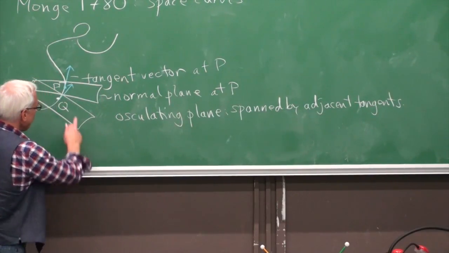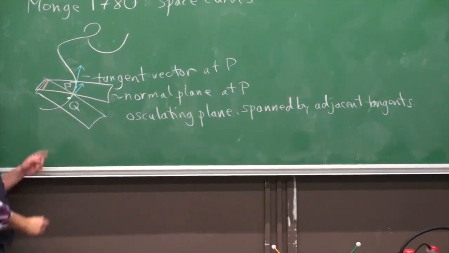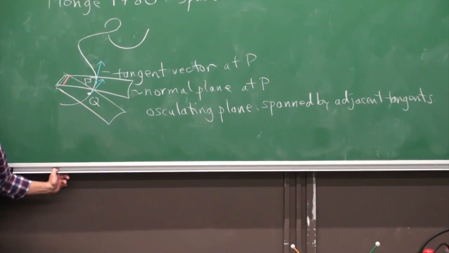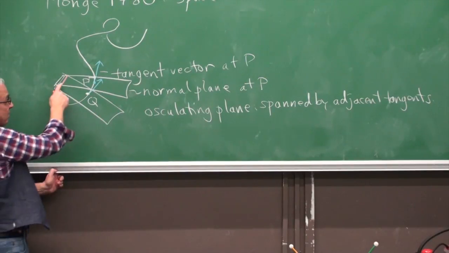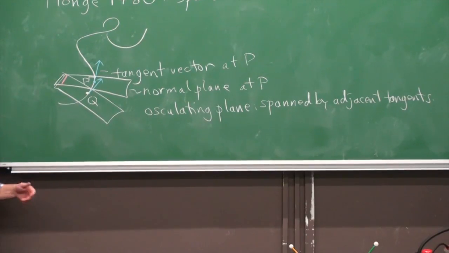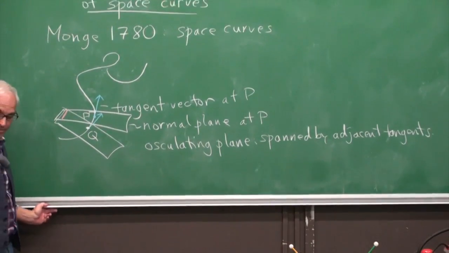And these two normal planes at P and Q intersect along a line. Let's say here. And as P and Q approach, this line ends up getting close to a fixed value and is some kind of three-dimensional analog of a center of curvature of a planar curve.